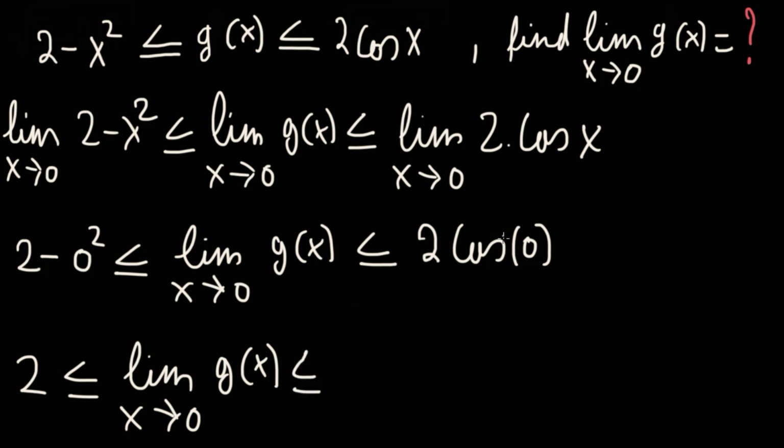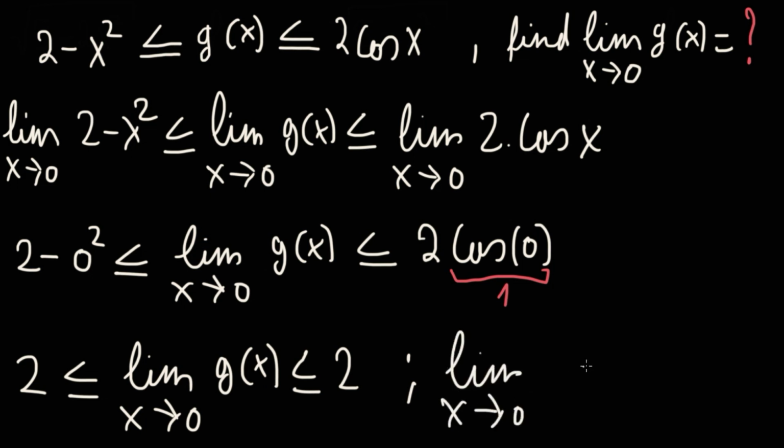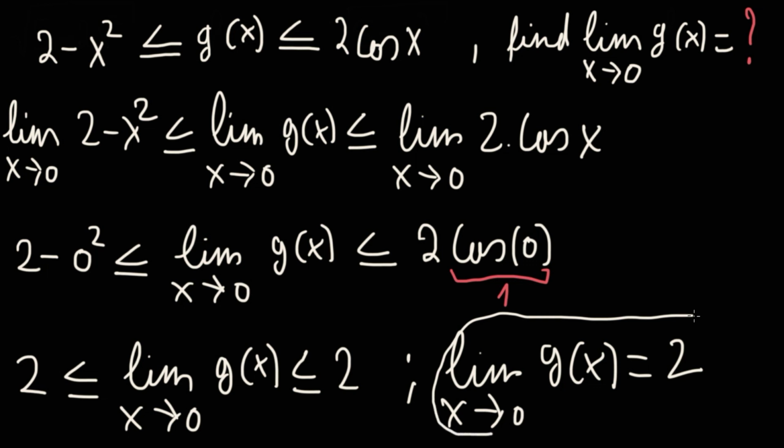And 2 times the cosine of 0. The cosine of 0 is equal to 1. So it will be 2 times 1, and 2 times 1 is 2. So that means that the limit as x approaches 0 of g of x is equal to 2. That is the answer.